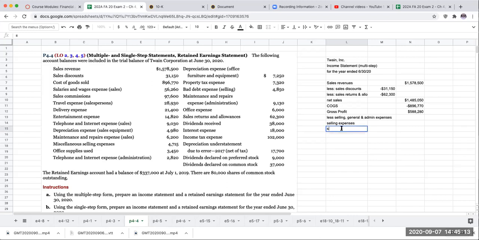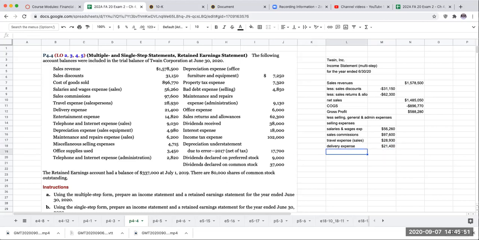So we've got salaries and wages expense, this is $56,260. Sales commissions is $97,600. Travel expense for salespersons. Delivery expense, yeah, that's a great one. That's also going to be a selling expense. Delivery expense is not included in cost of goods sold.